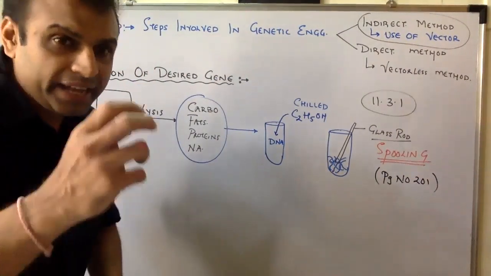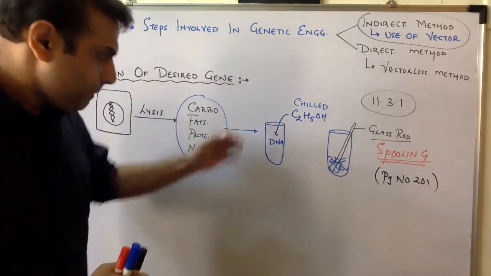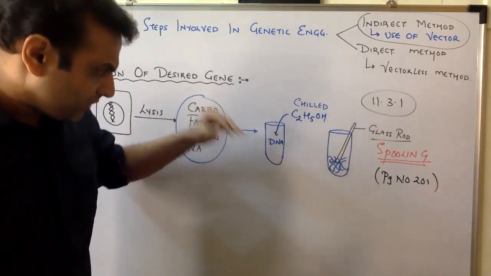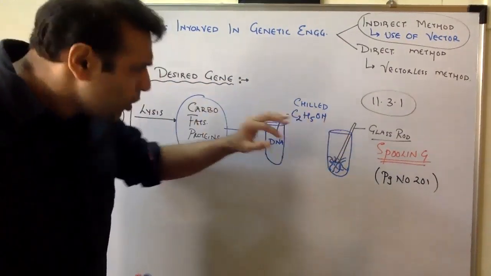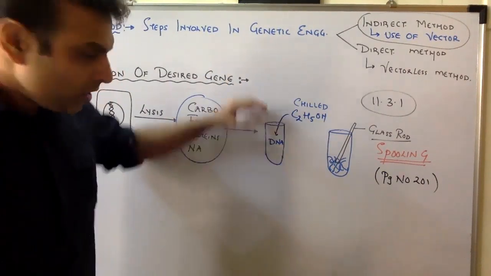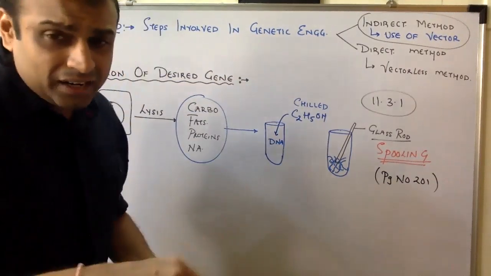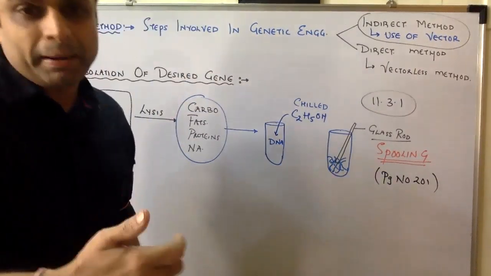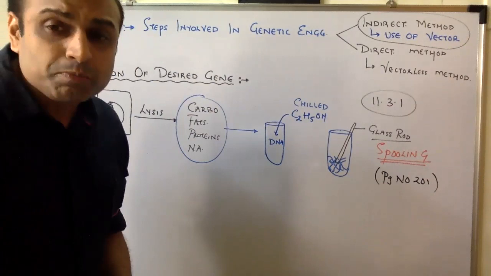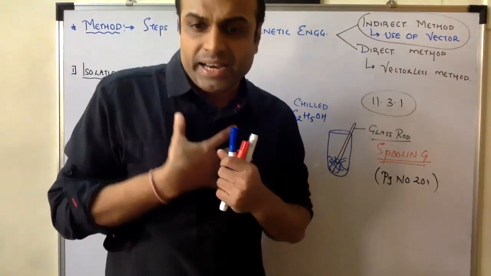Okay, you take the cell, you perform lysis, you get everything, okay, then one by one, you will remove all the biomolecules except the DNA. The DNA is precipitated using chilled ethanol and it is collected on glass rod by a process which is called as spooling. Okay, so now I am having my DNA with me.